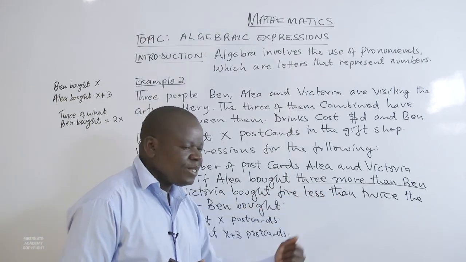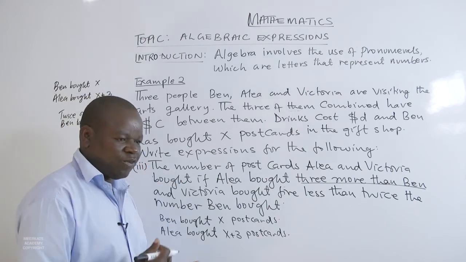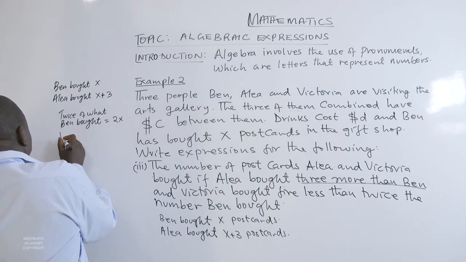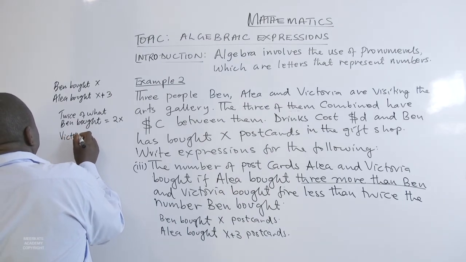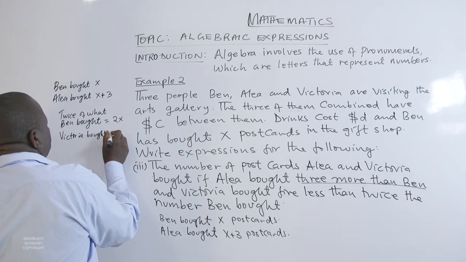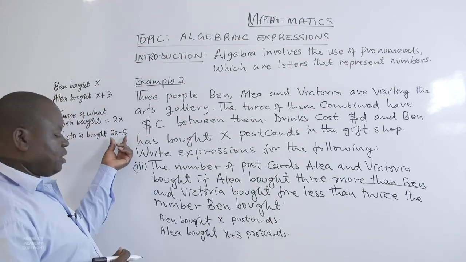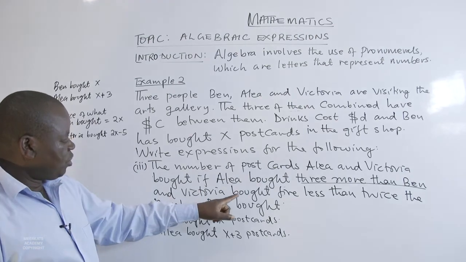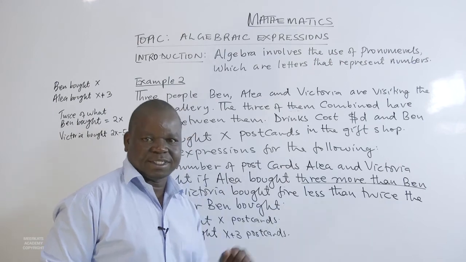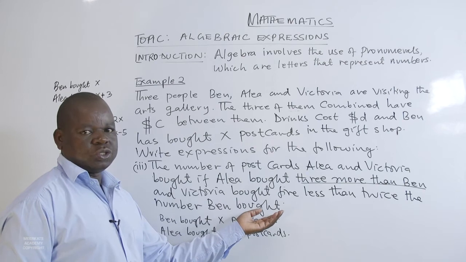So 5 less than twice means you get twice what Ben bought, then you subtract 5 from it. Victoria bought 5 less than twice the number Ben bought.